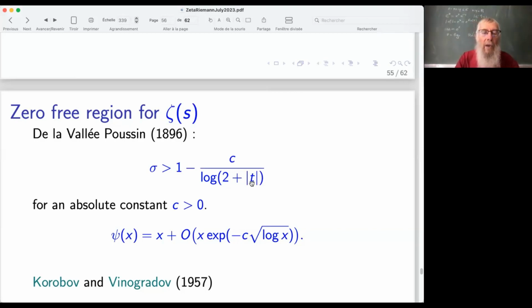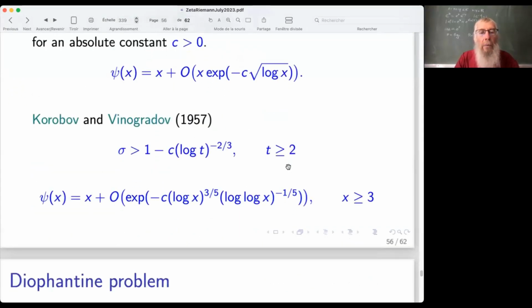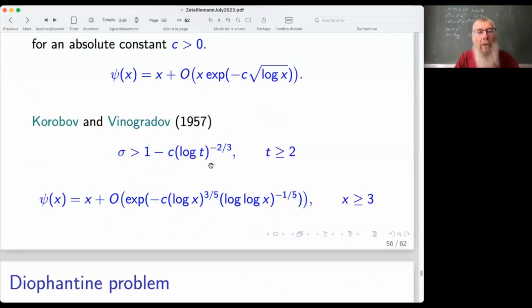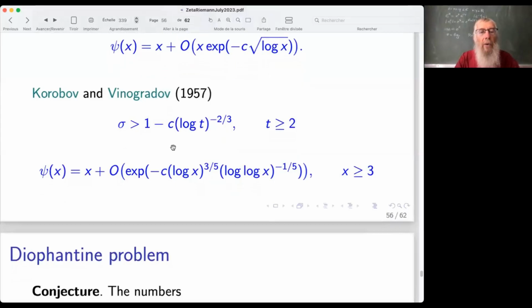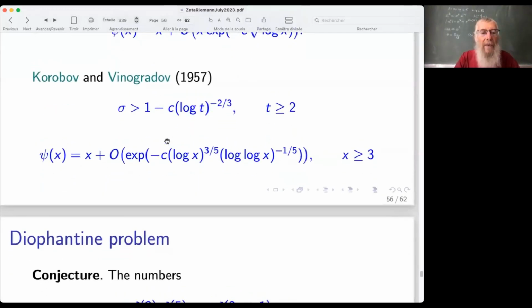So you have the line sigma equal 1, and you go a little bit on the left, so inside the critical strip. And there are some better results known on this by Korobov and Vinogradov for some zero-free region.